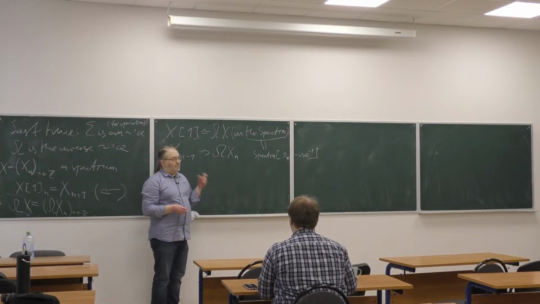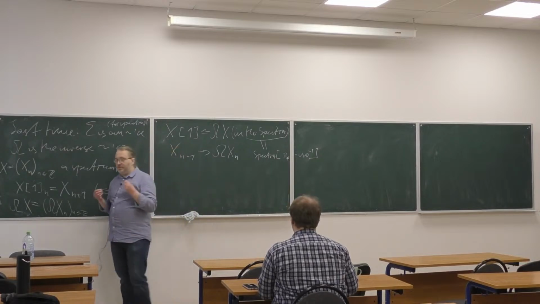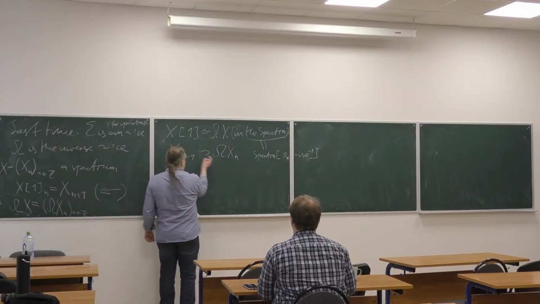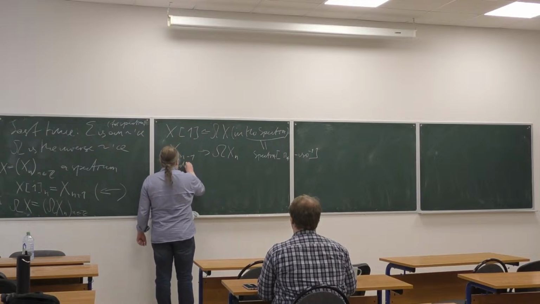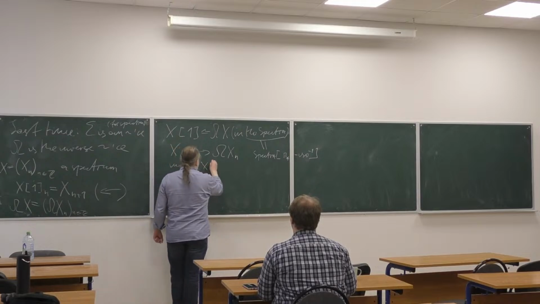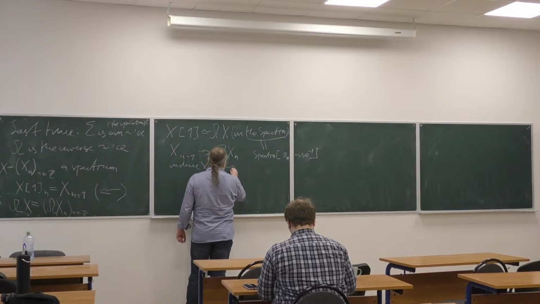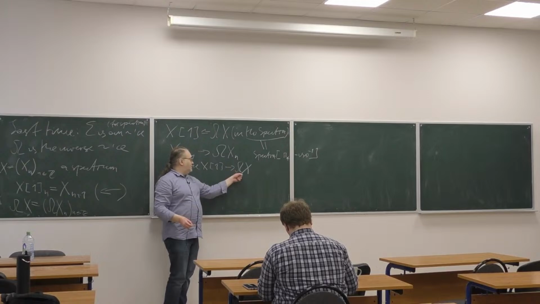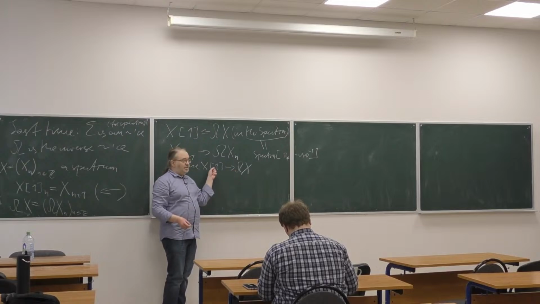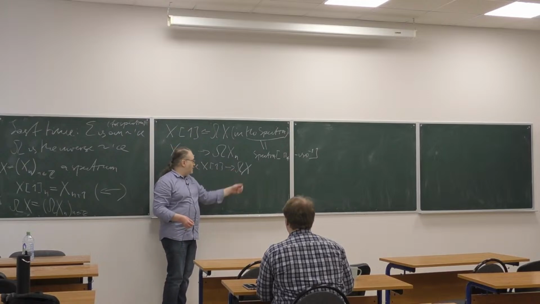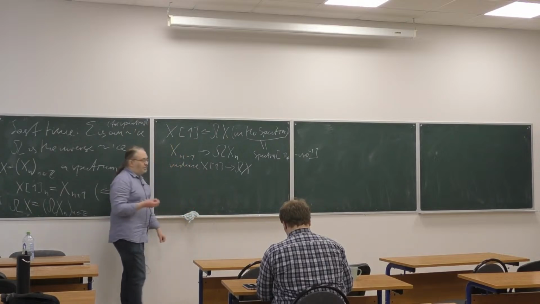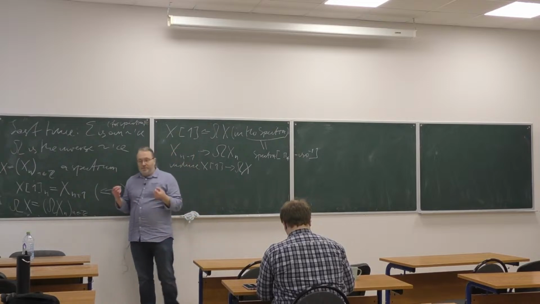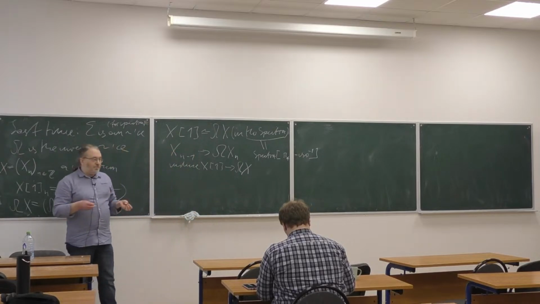Okay, so we have this map, and we want to check that these maps induce the map from x shifted by 1 to omega x, and we want to check that this map of spectra induces an isomorphism of the homotopy groups.